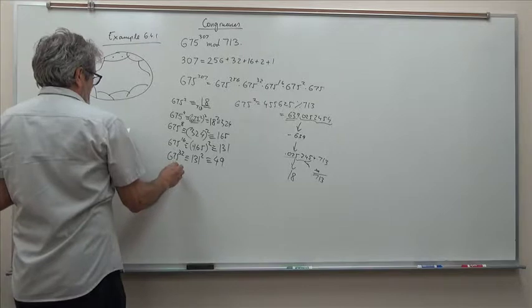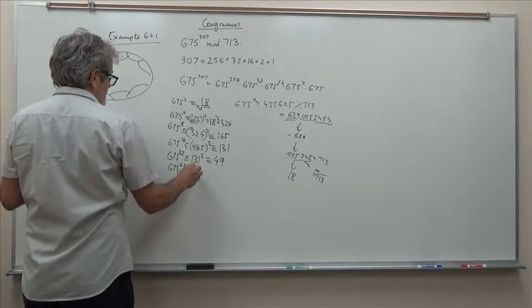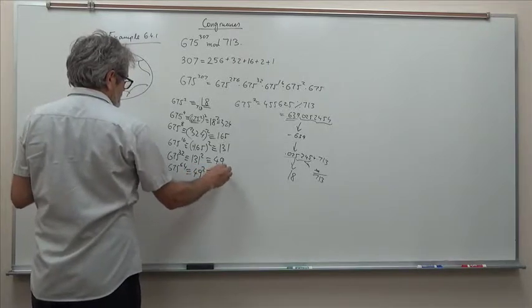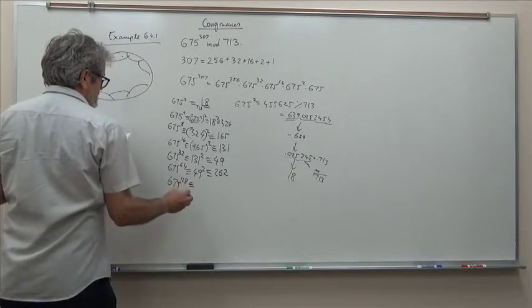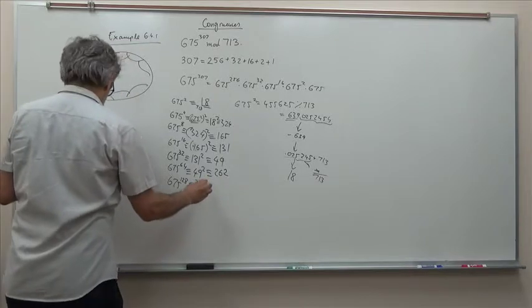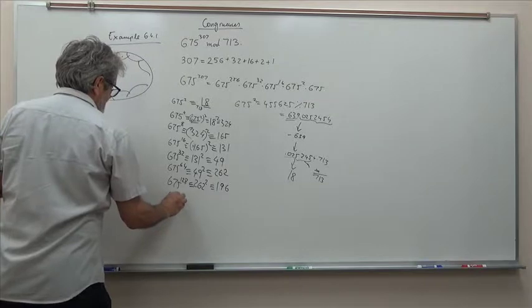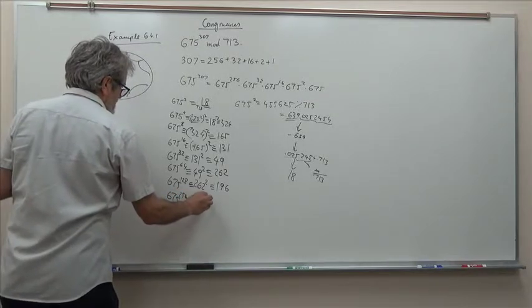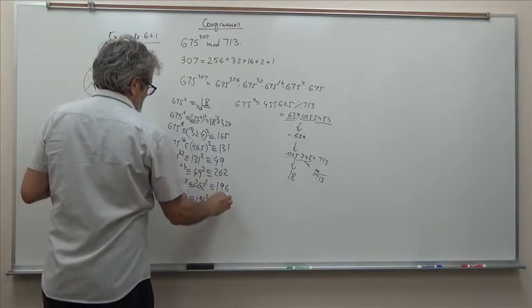Then 675 to the 64 is congruent with 49 squared, and that's 262. 675 to the 128 is congruent with 262 squared, which is congruent to 196. And finally 675 to the 256 is congruent with 196 squared, and using this procedure we get that that's 627.